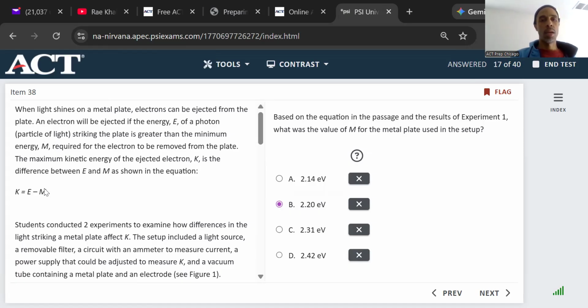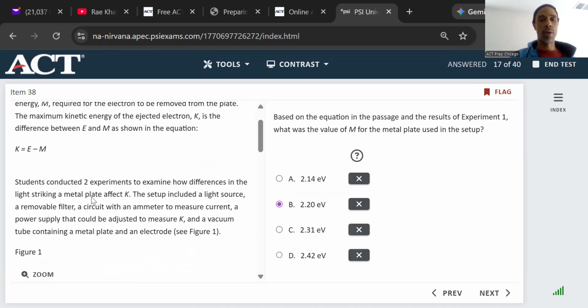So E is the energy of the photon of light striking the plate, and M is the minimum energy required for the electron to be removed from the plate, because you need energy to remove electrons. So if E is greater than M, then an electron will be ejected, and K will be the kinetic energy of that ejected electron.